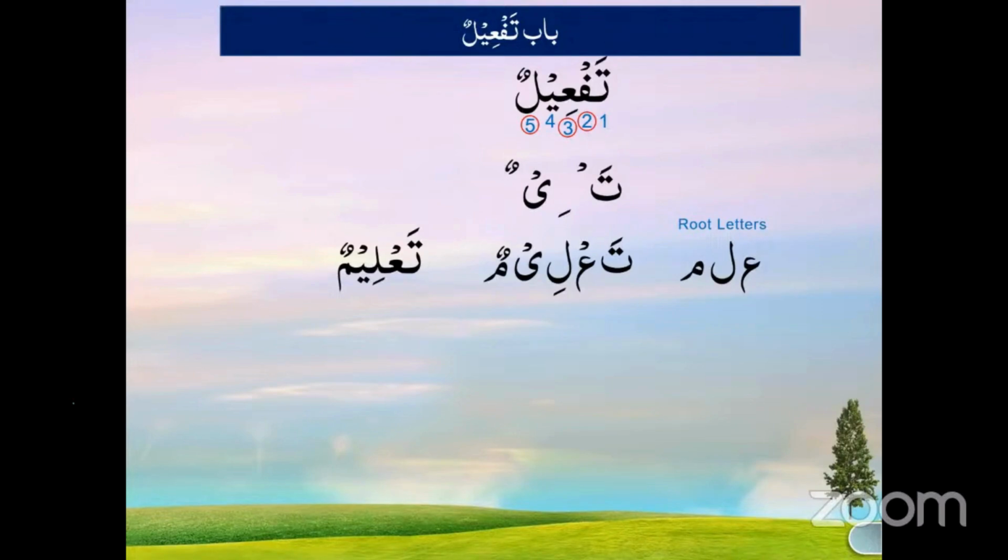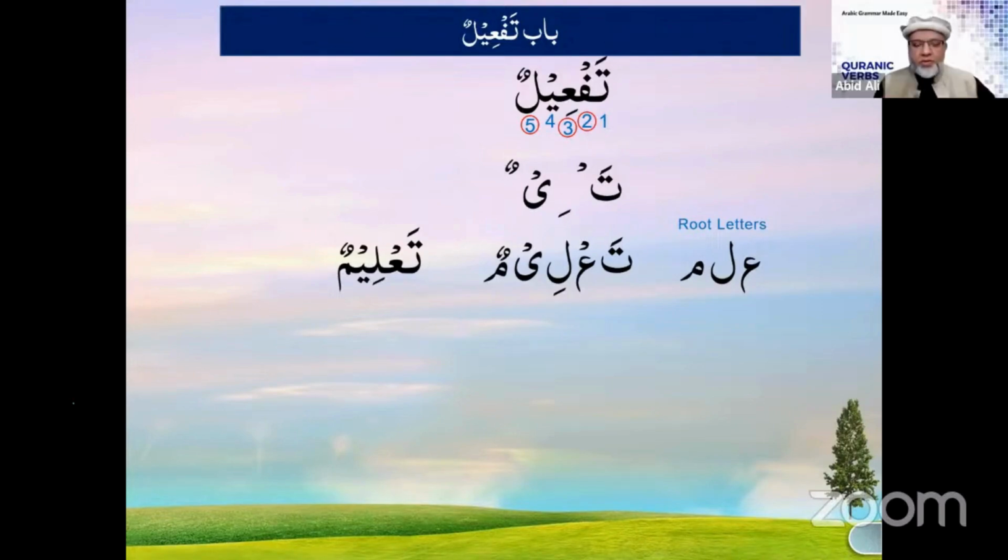Yeah, no worries. Okay. So what I want to show you also, that these root letters, they have meanings when they are in a certain pattern. When the pattern changes, their meaning also changes. Now, what is the difference between ilm, teaching, and ta'lim?